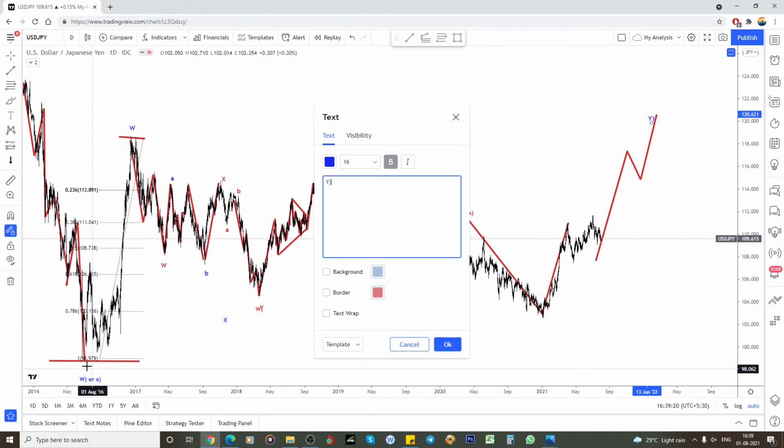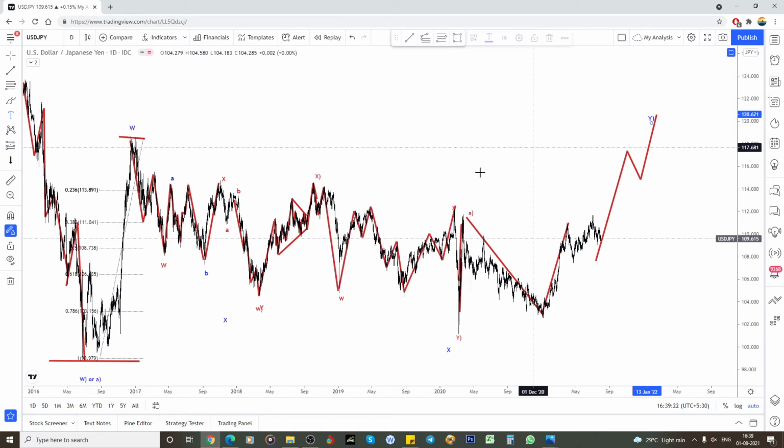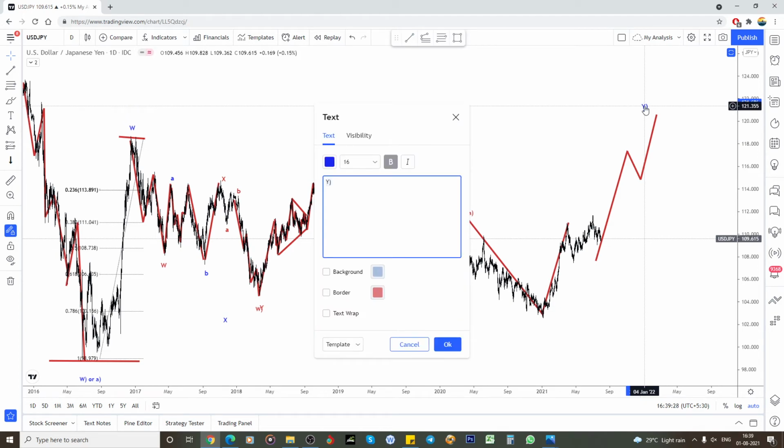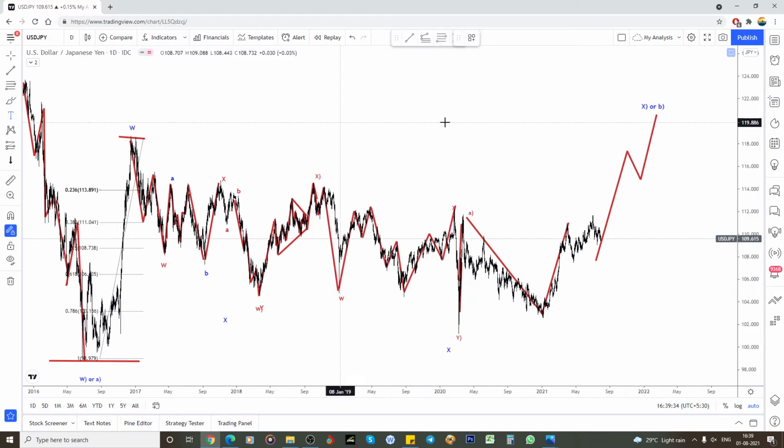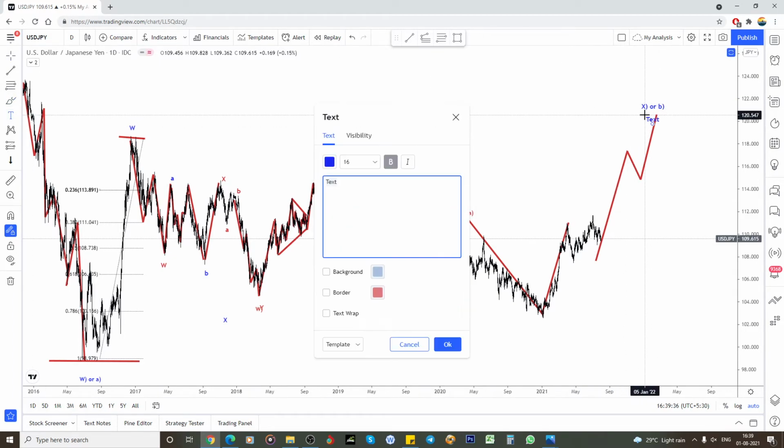What is this? Sorry, one second. This W, this is an X, so we make this an X or B, and this is the end of the Y wave without bracket.